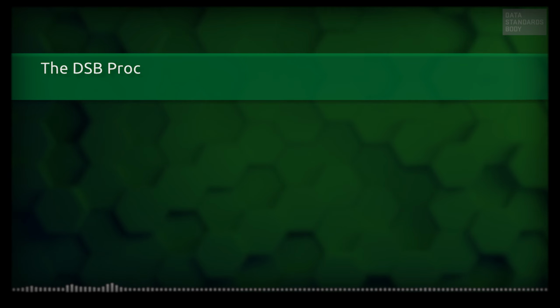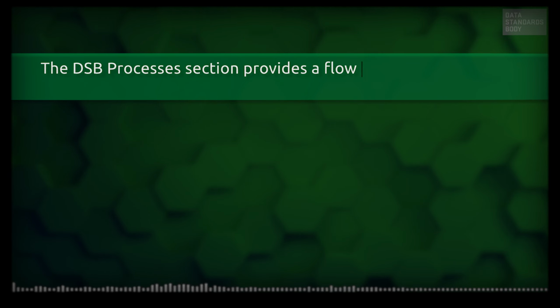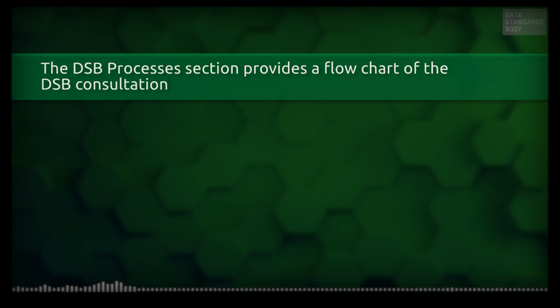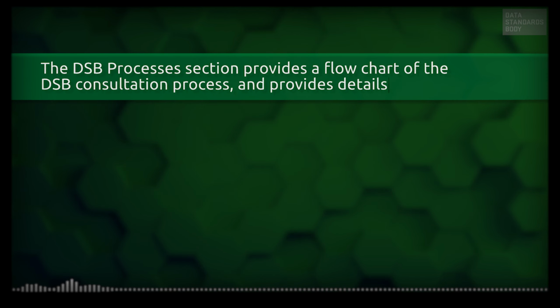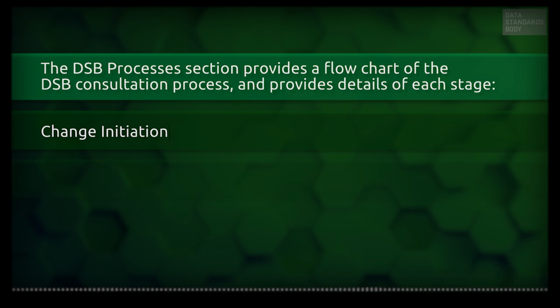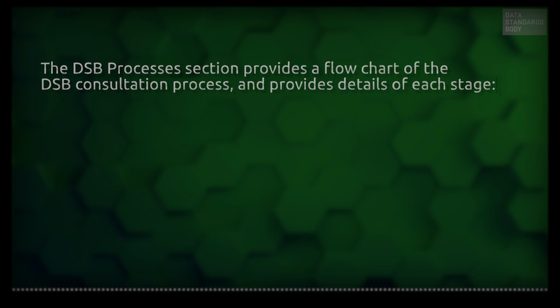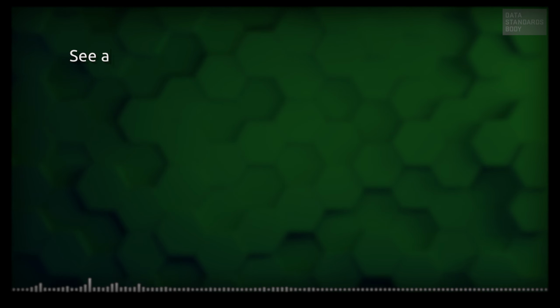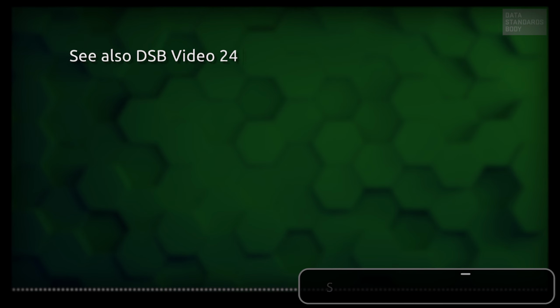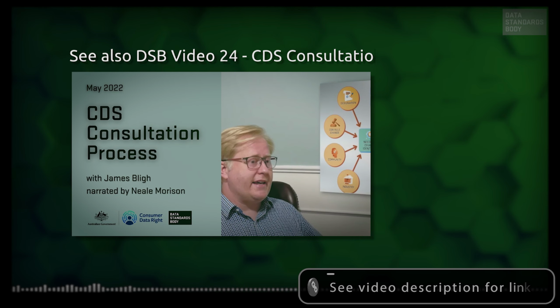The DSB Processes section provides a flowchart of the DSB consultation process and provides details of each stage: change initiation, consultation, decision. See also DSB Video 24, CDS Consultation Process.